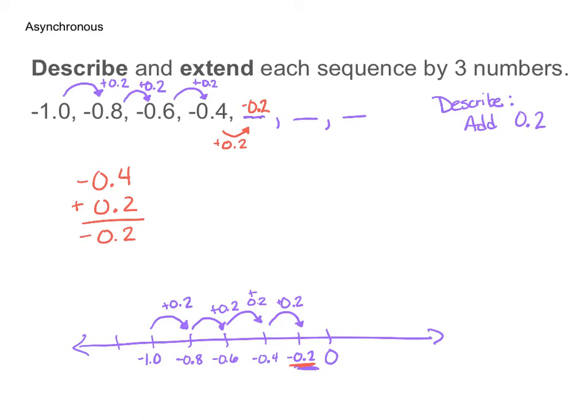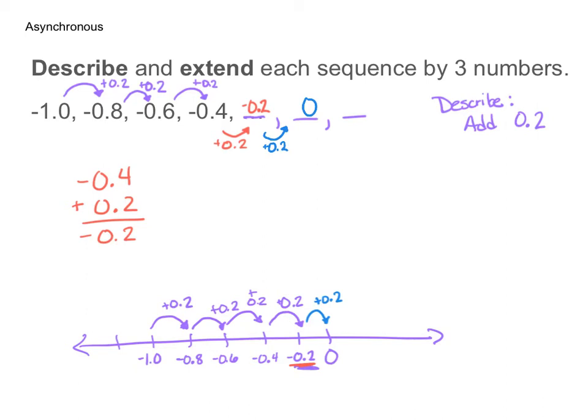Now we have to add the next one. So to go from here to here, right, we're adding 0.2 or 2/10 each time. So then I get to 0. Okay, you can see it on the number line.